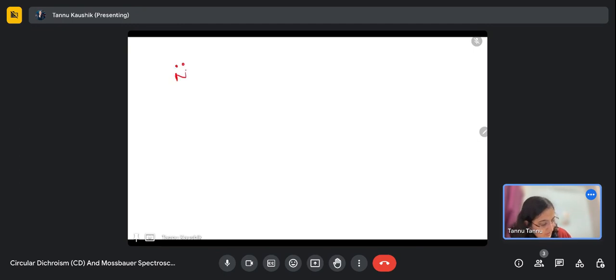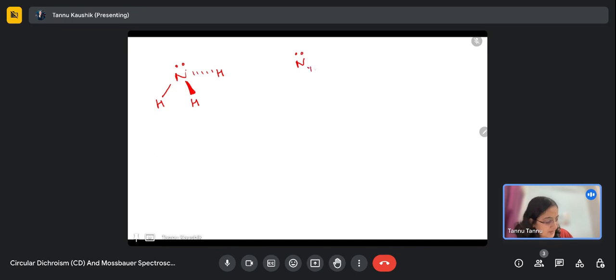This is NH. So this molecule is similar to the ammonia molecule, na?